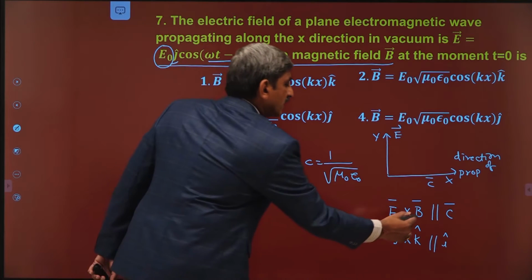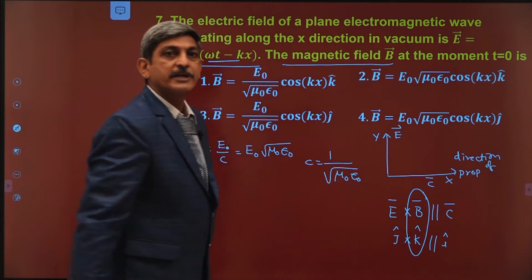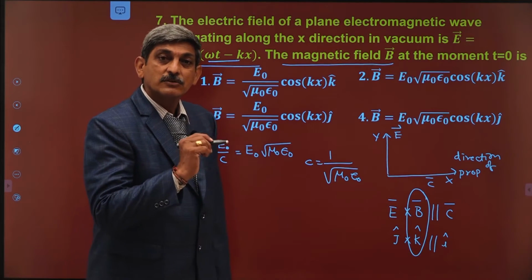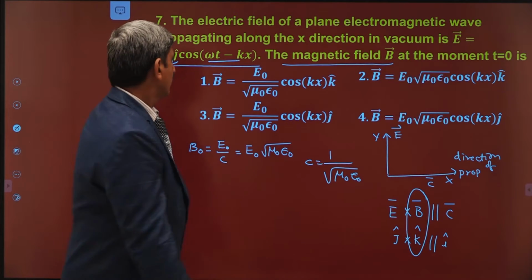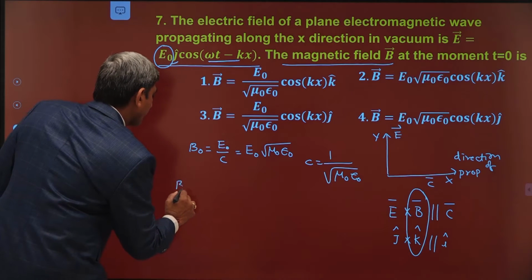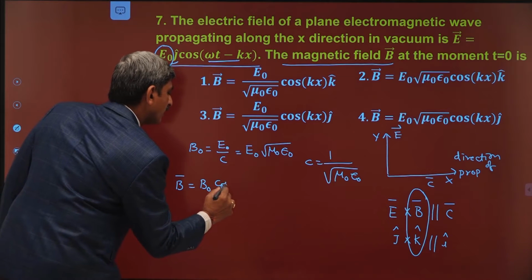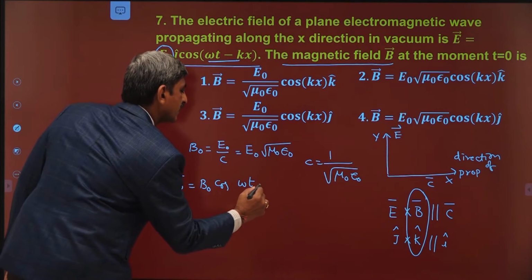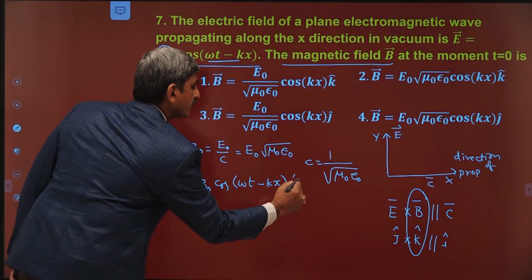That's why the magnetic field vector must be along the k cap direction, that is along the positive z-axis direction. That's why the magnetic field vector can be written as B bar is equal to B naught cos(omega t minus kx) k cap.